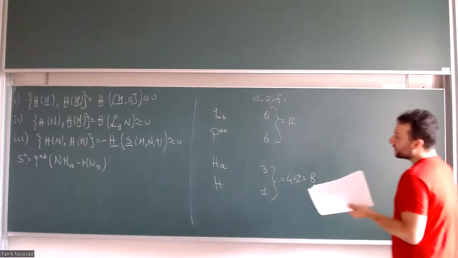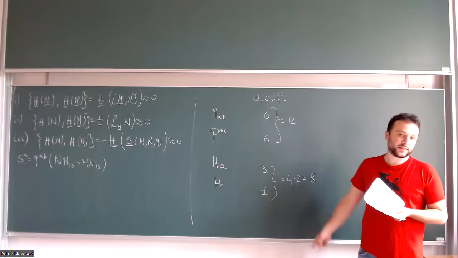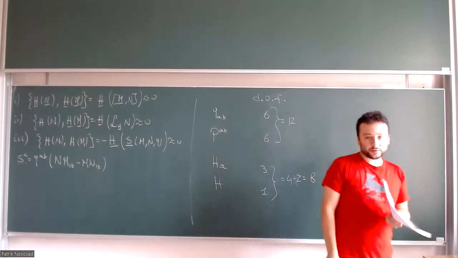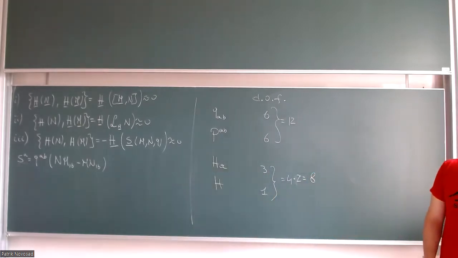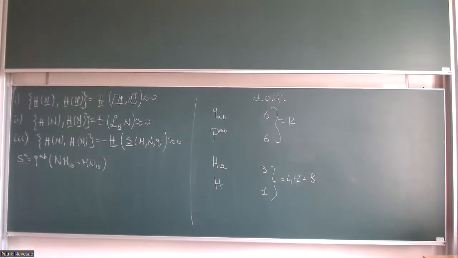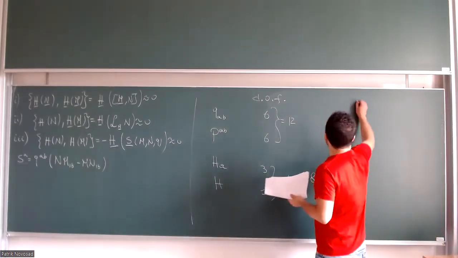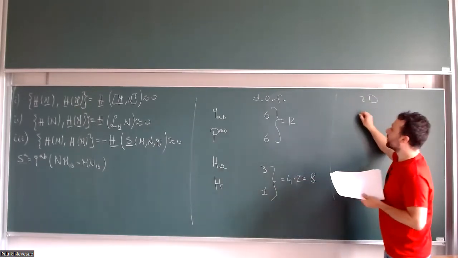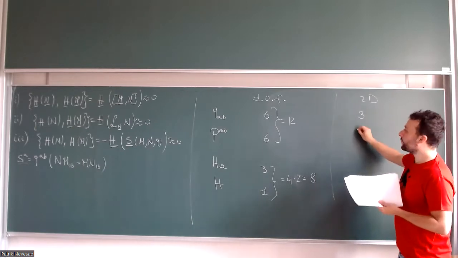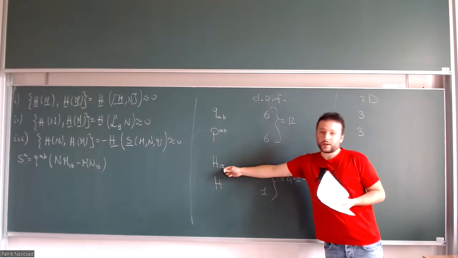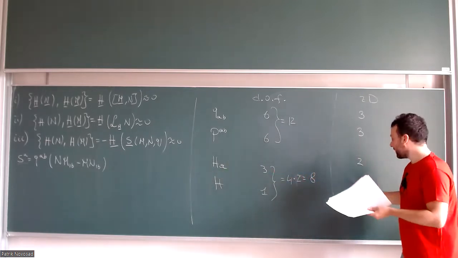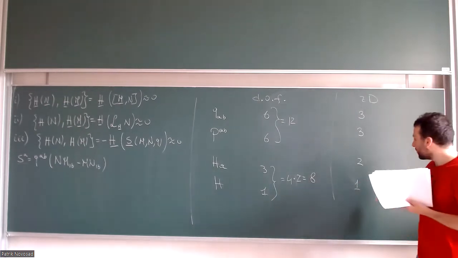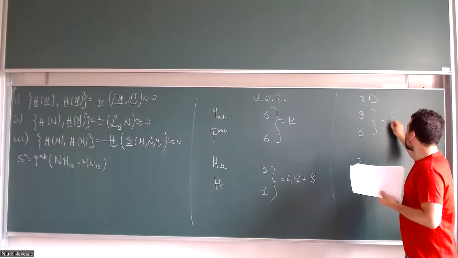And this can be seen exactly from this study of degrees of freedom, because in that case A and B run from 1 to 2, so we have a 2 by 2 symmetric matrix, which has 3 degrees of freedom. So in 2D gravity, q is 3, p again 3, H_A are 2, and here H is 1.